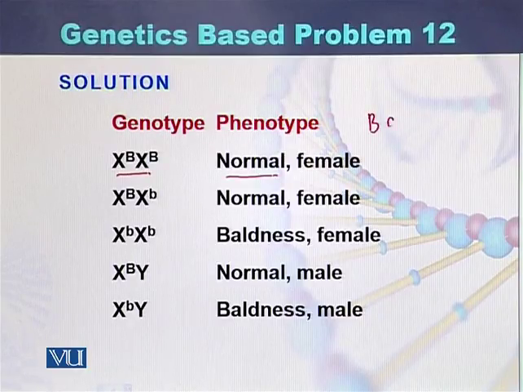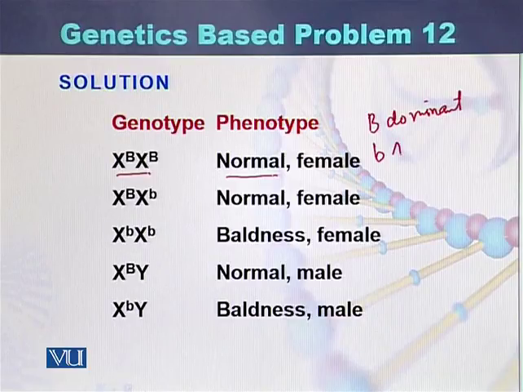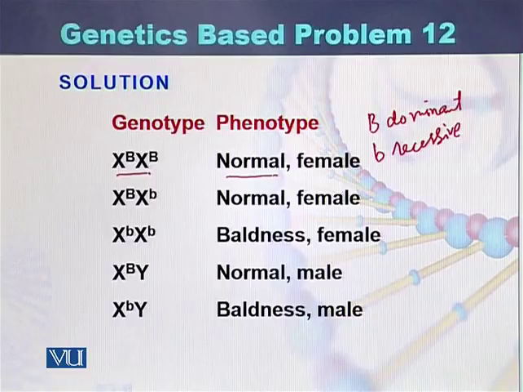Capital B is for the dominant allele, while small b is for the recessive allele. So the female would have both dominant alleles.